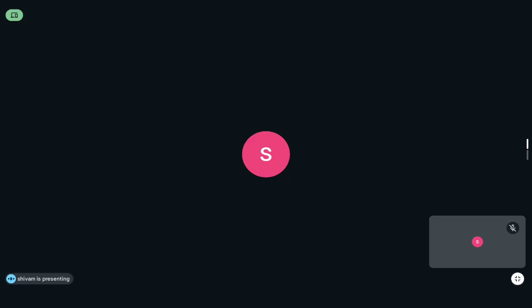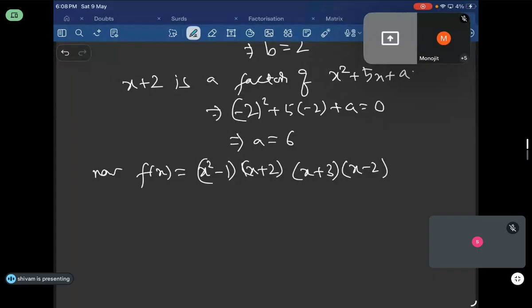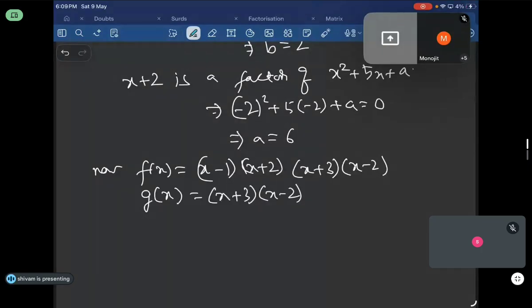And what is g of x? g of x will be equal to x square plus x minus 6, that is x plus 3 into x minus 2, multiplied by x square plus 5x plus 6, that is x plus 2 into x plus 3.